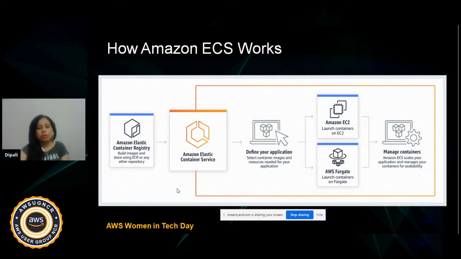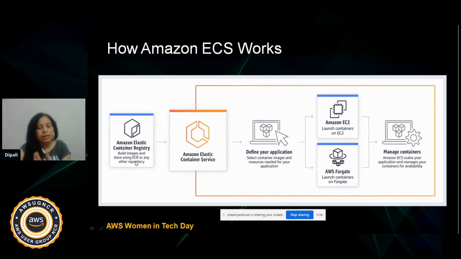Now, this is a simple workflow for any ECS application on AWS. First of all, you need to upload your container image into a repository. Here the service name is Elastic Container Registry, ECR. It is simply a repository to store container images.